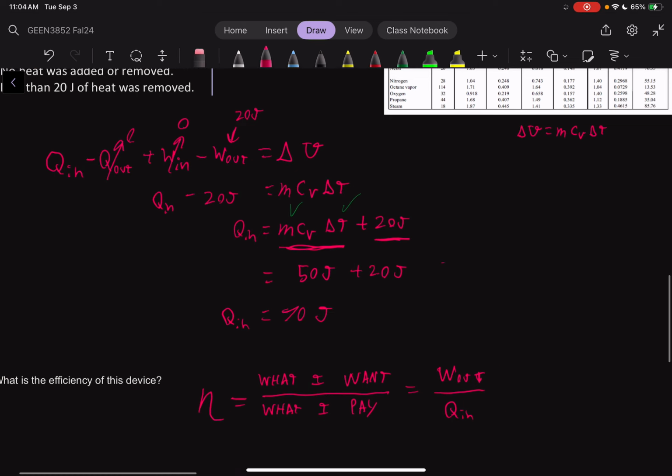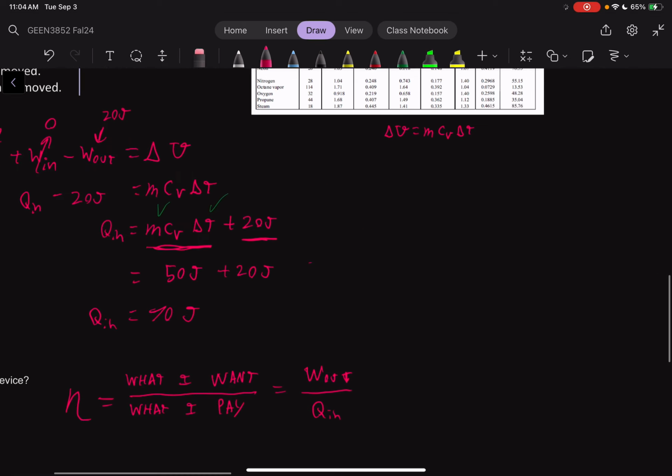I'm using coal or wood or some sort of heat source to get that work out. So my work out was 20 joules, and my heat in was 70 joules. So the efficiency of this device is about 29%. 29% of my heat in went to work out. The rest of it was stored as internal energy.